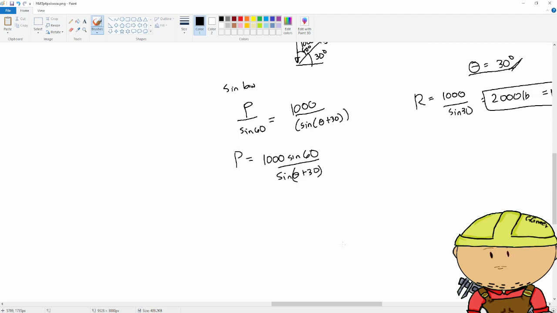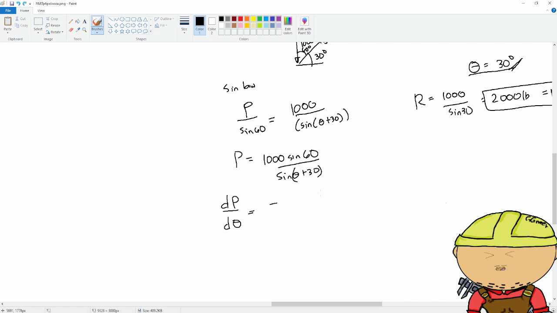So how about we differentiate P with respect to theta? The sine theta downward, V D squared, will become negative 1000.